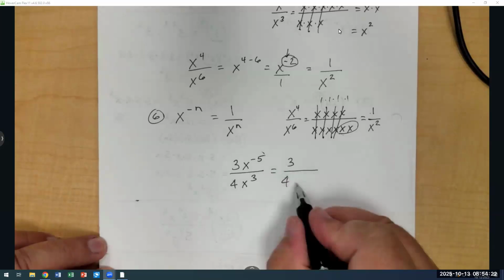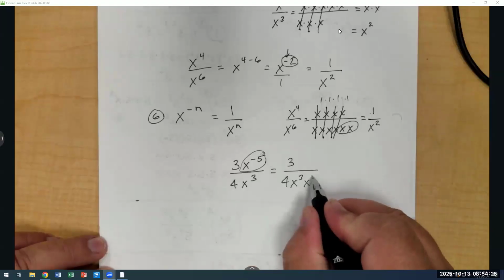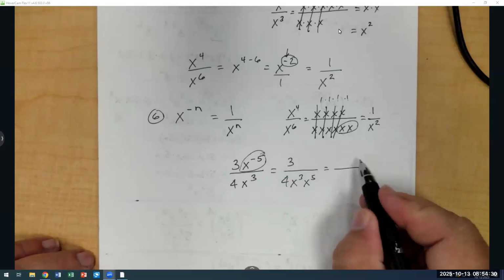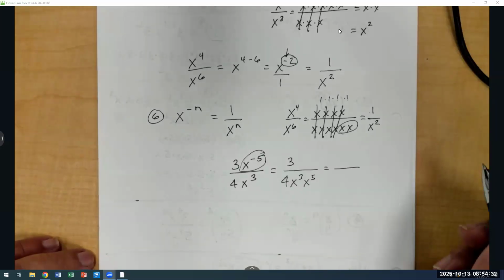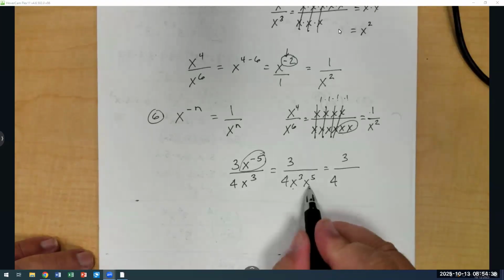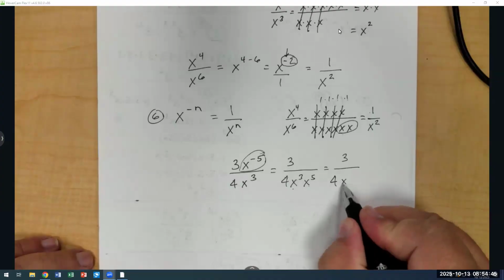Okay, so there's an X to the third on the bottom. So this one goes down to the bottom. And then what? Look at the first, these are same bases and they're multiplied. What do you do with the same bases and you multiply? Add the exponents.